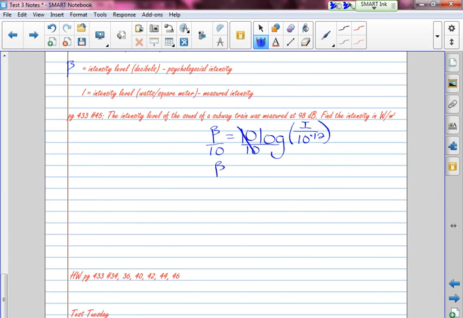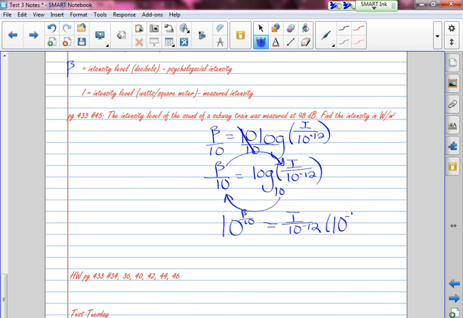So you get the decibel divided by 10 equals the log of I over 10 to the negative 12 power. You need to get rid of that logarithm. You know the understood base is 10. You do your cycle. So 10 to the decibel over 10 equals I over 10 to the negative 12. And now you just multiply by 10 to the negative 12 on both sides.